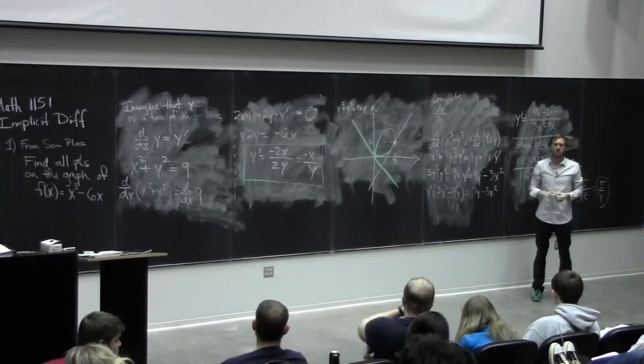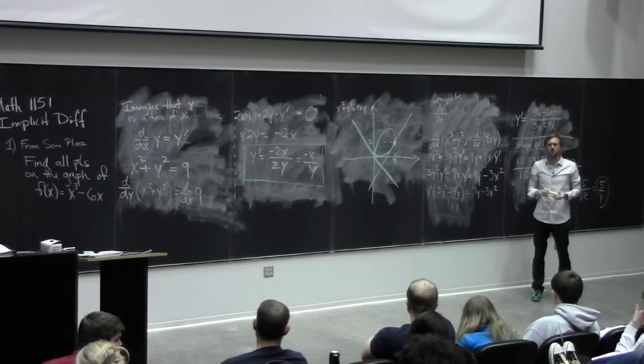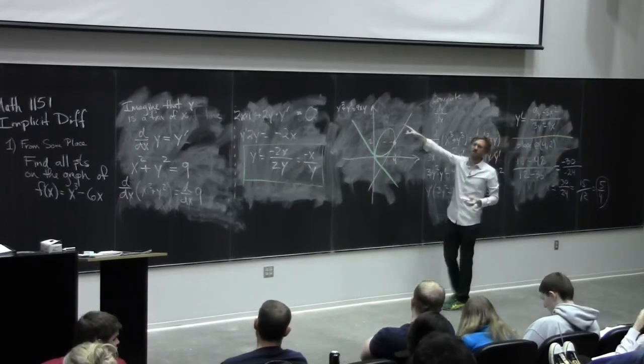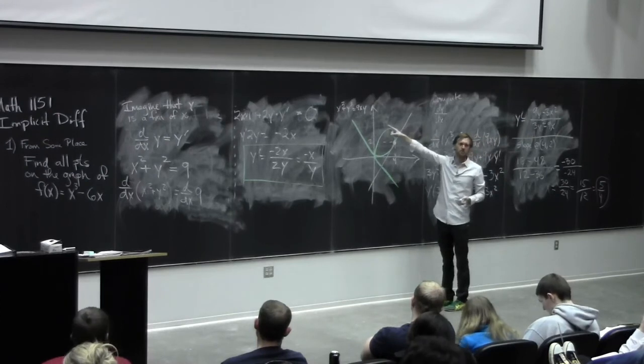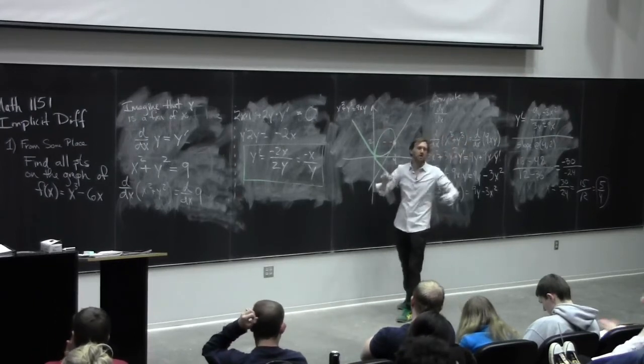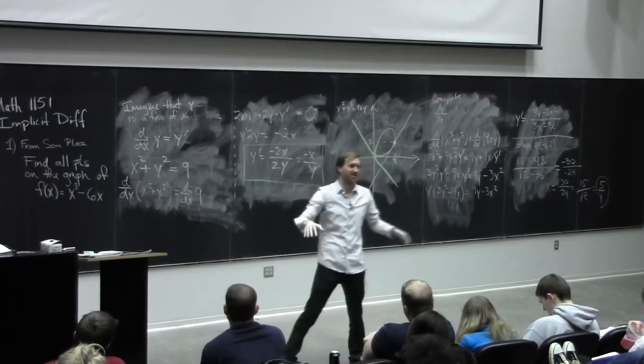What's your question? It's always going to be given to us as the equation of a line. Well, this isn't the equation of a line or a circle. So no. But it will be given to you as an equation somehow with x's and y's mixed together.